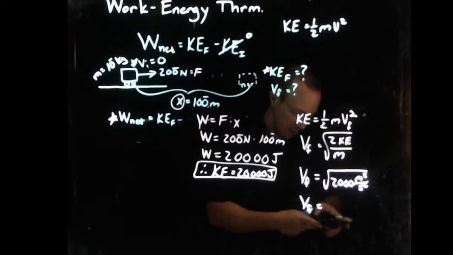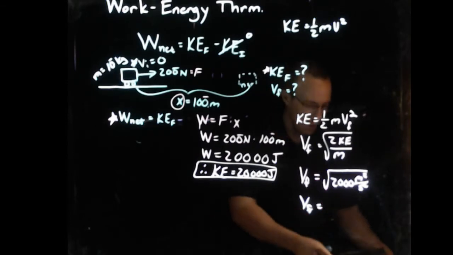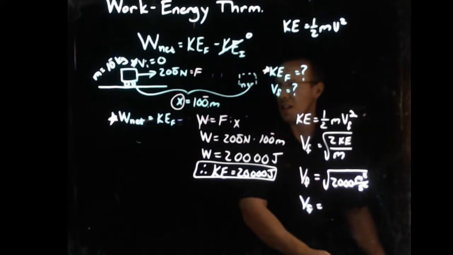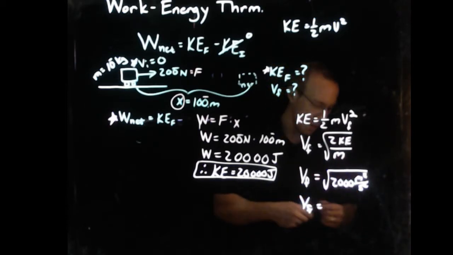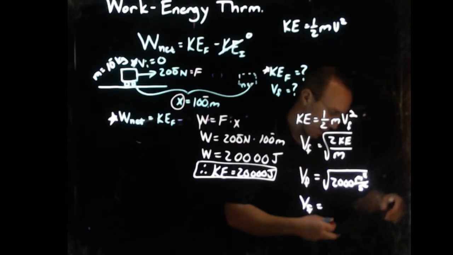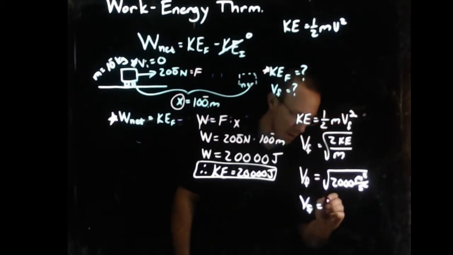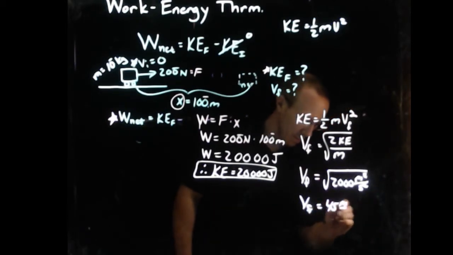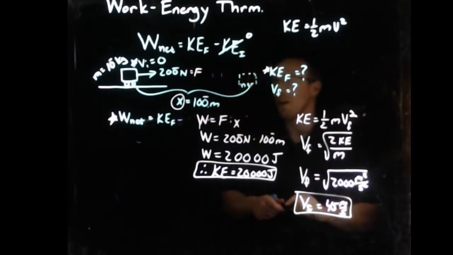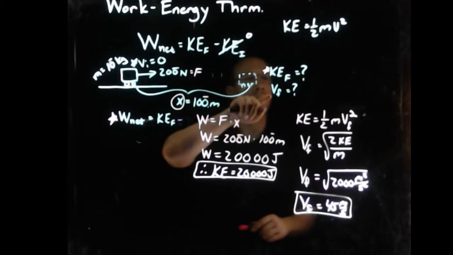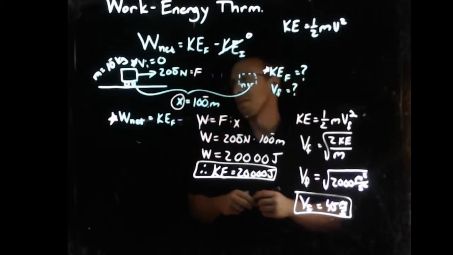So the square root of 2,000 would be 45. If I look at the significant figures and I go with 2 for my mass, because it's 10 kilograms, my answer is 45 meters per second. So there we go. That's basically how we use the work energy theorem to calculate our final velocities.